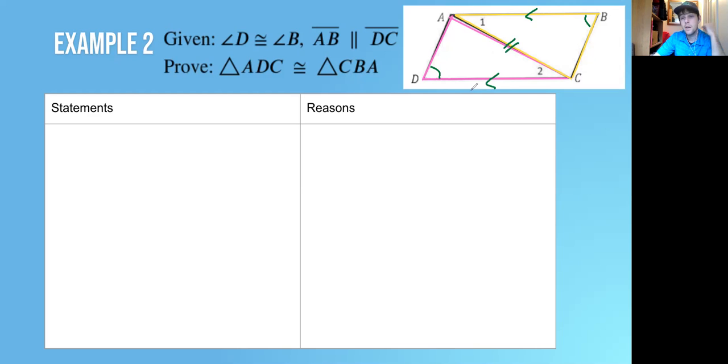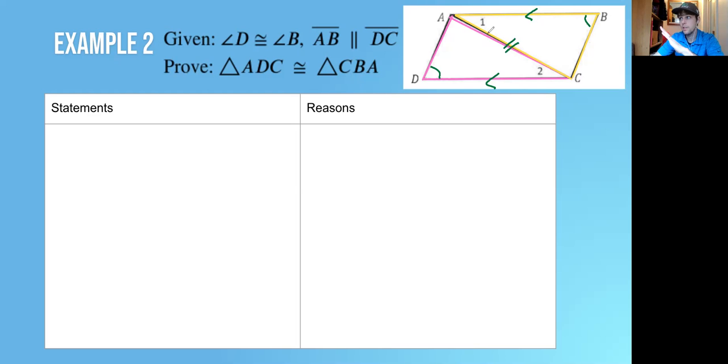I notice these parallel lines. Anytime I have parallel lines, I need to be looking for any of those parallel line angles: corresponding angles, alternate interior angles, alternate exterior, whatever. Here we have our two parallel lines, our transversal AC. Angle 1 and angle 2 are alternate interior angles. They are on different sides of the transversal.